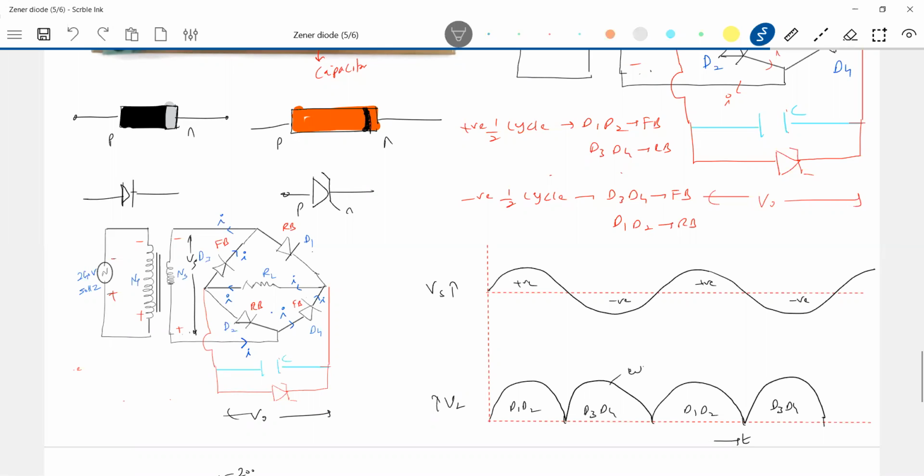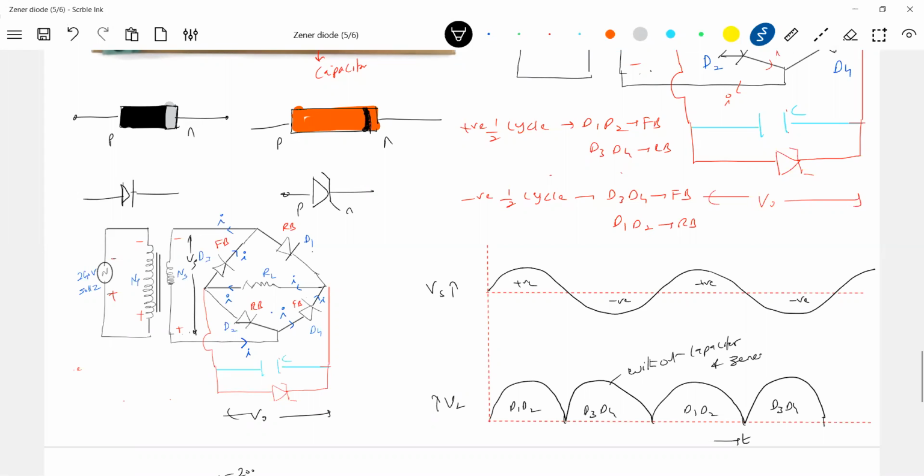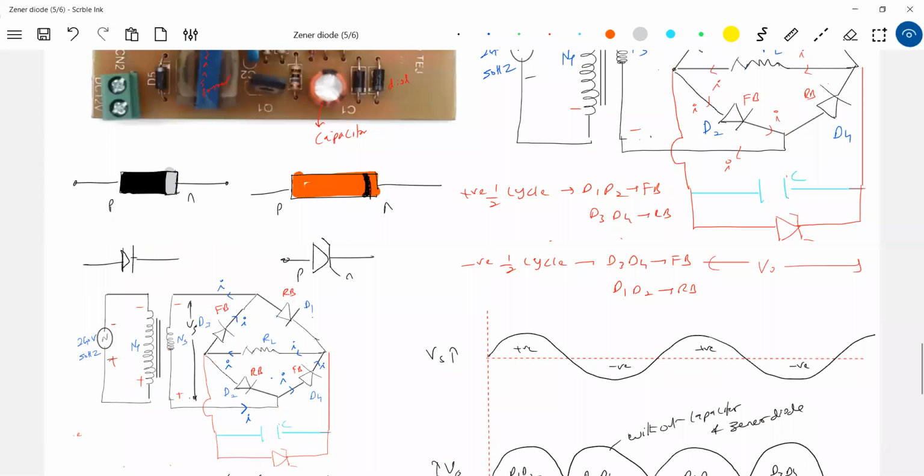This is without capacitor and Zener diode. Better write it like this. If you bring a capacitor, then you have to show the ripple like this, a little bit. Charging, discharging. Then if you bring the Zener diode, you'll get a straight line. Able to understand? So when you open that, you see this one, the ordinary diode, the Zener diode will be like this. This is the ordinary diode.